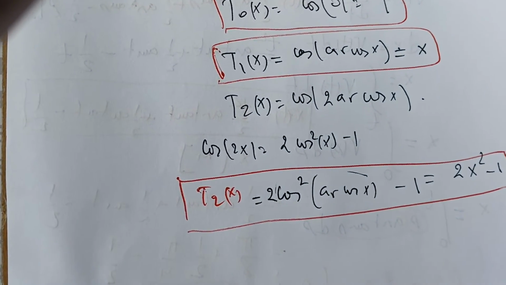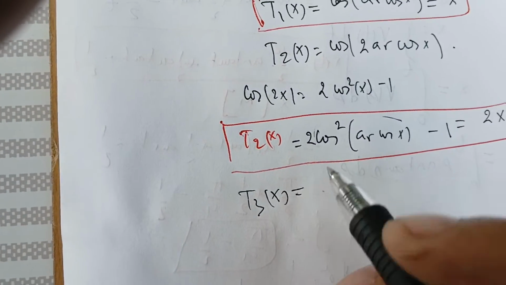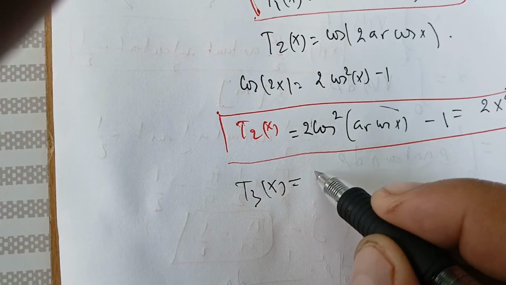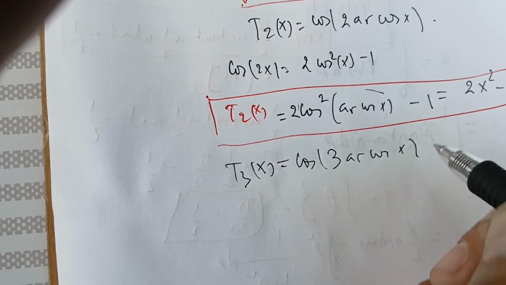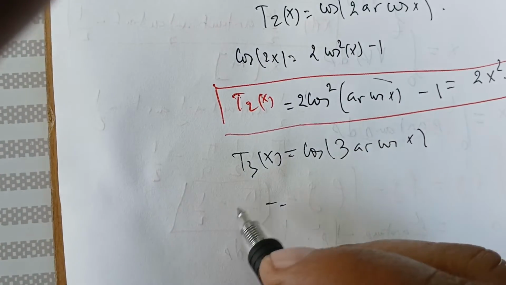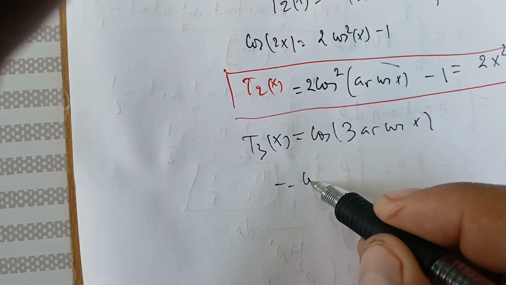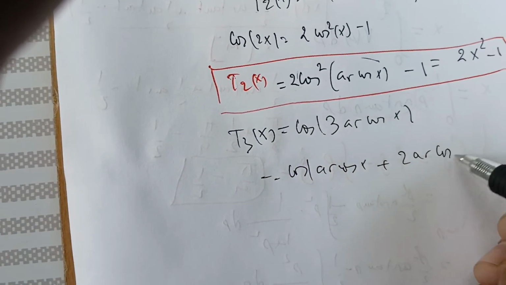Now let's do one more. Let's compute the polynomial of order 3. Here we use the definition, the cosine of 3 arc cosine of x. We're going to do some work to get this one. Let's split this 3 into 1 and 2. So we get cosine of arc cosine of x plus 2 arc cosine of x.